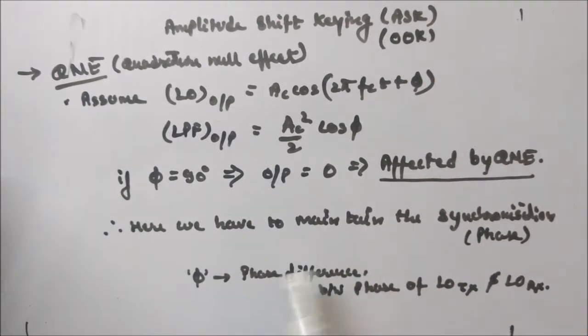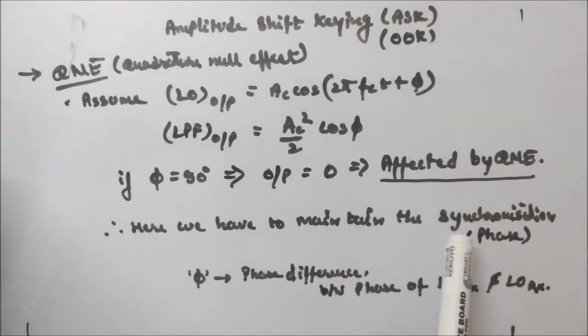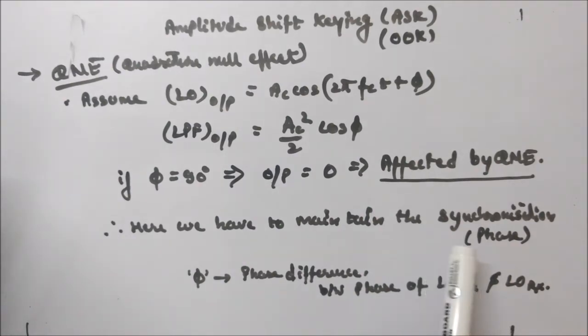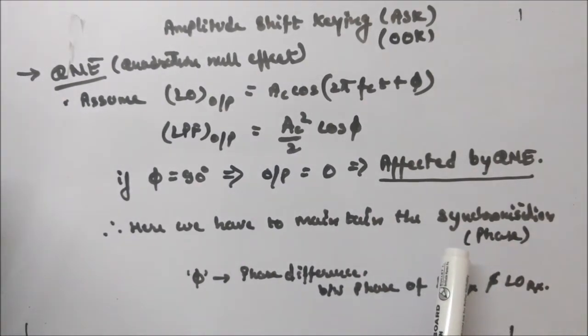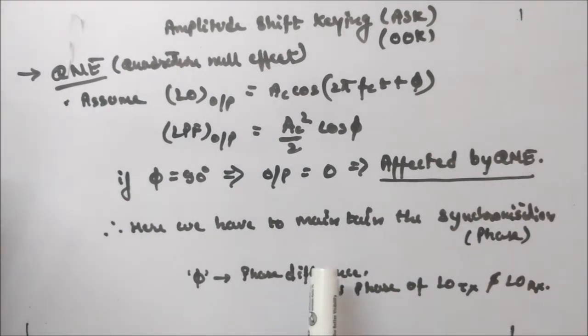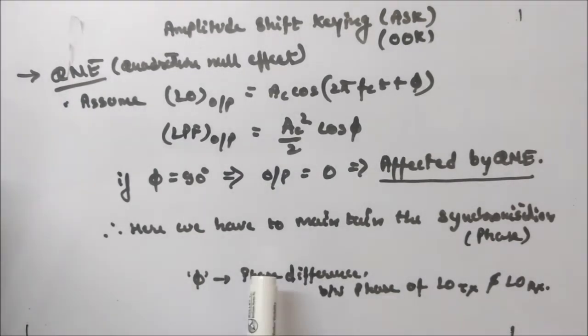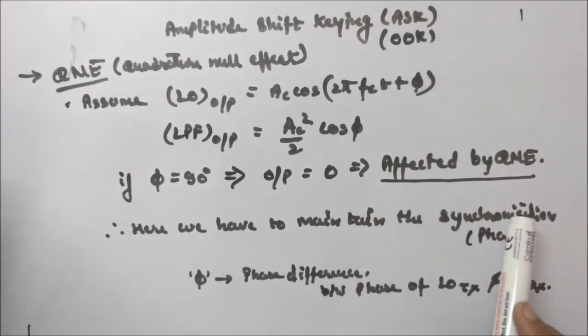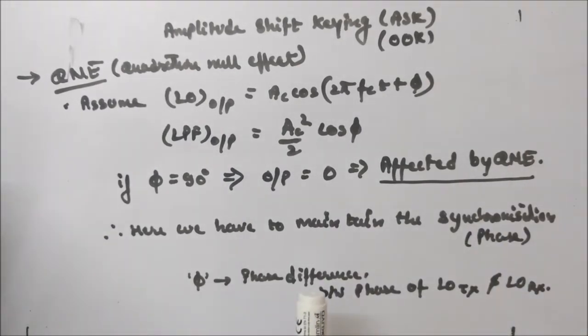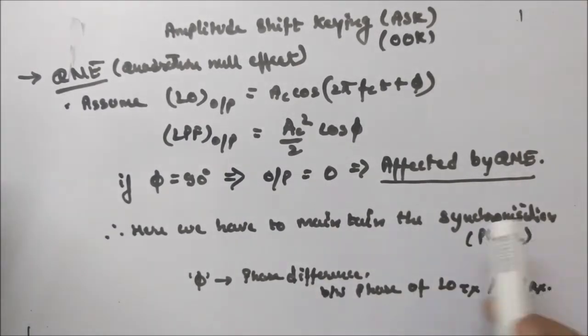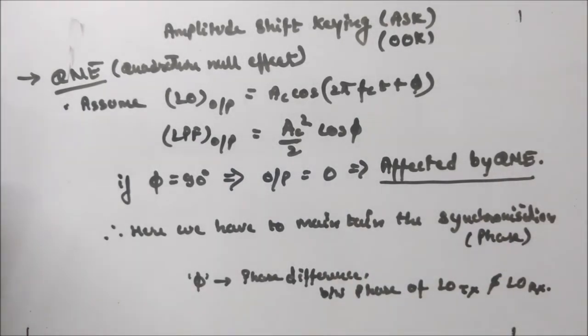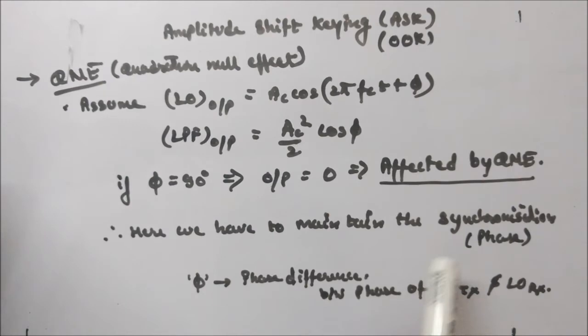Maintaining the synchronization is a pretty difficult task that requires extra circuitry, and this is done in real life as well, to maintain synchronization between the local oscillators of the transmitter and receiver. This is a big task, so this problem has to be corrected all the time. The synchronization should be proper between the receiver and the transmitter. That's what you call synchronizing.